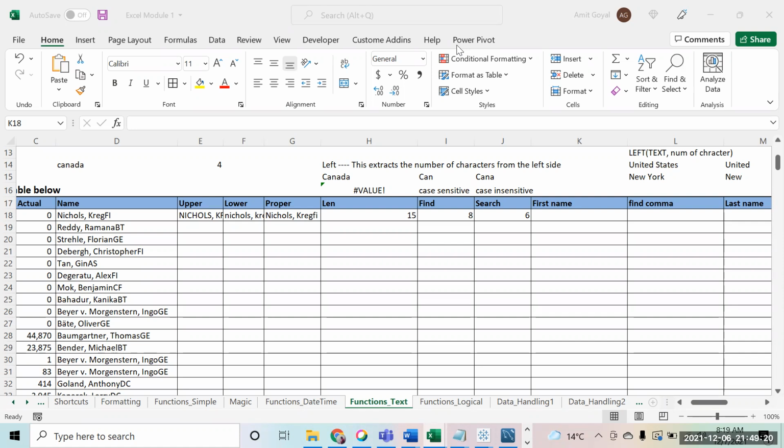No, you use the RIGHT function. Then what did you do? The text comma, FIND function. In the FIND function, I searched for comma and -1, in the same string, and I got the last name. Can you share it on the chat? The formula. Yeah, sure.